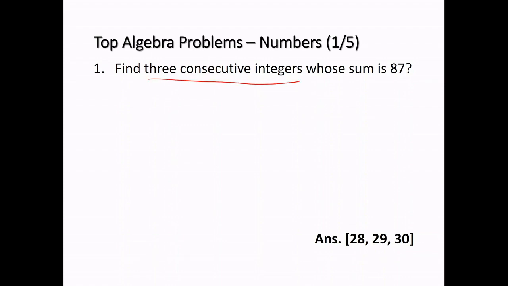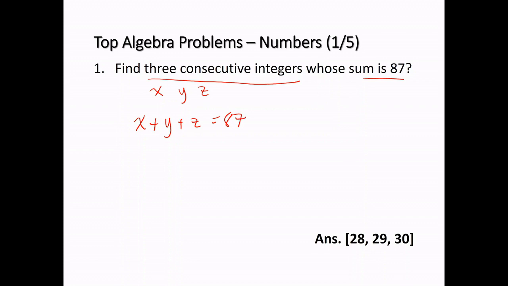So we can assign arbitrary variables: x, y, and z. They are consecutive, so it can be 1, 2, 3, and whose sum is 87. So you have x plus y plus z is equal to 87.